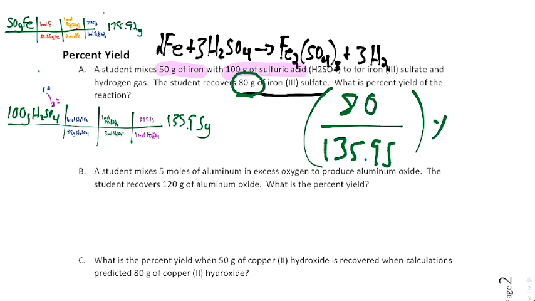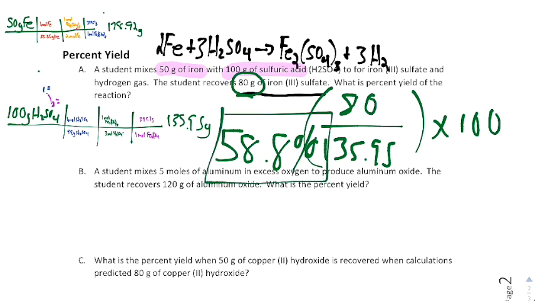Take that times 100, and that will give me a percent yield of 58.8%. And that's my answer to the problem. So pretty long problem, a couple steps you have to make sure you pay attention to, but that's how we do percent yield. So let's go ahead and move on to the next one.